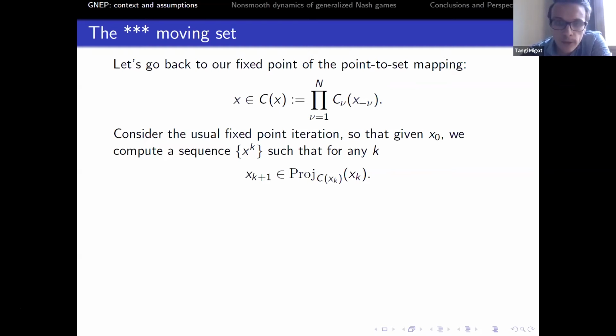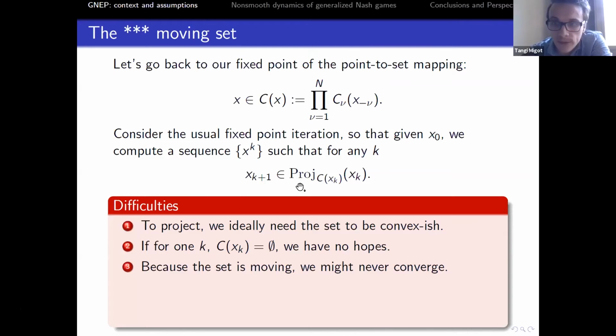If I'm doing something like this, we can have a couple of difficulties. First, we want to be able to project, so we need some convexity on C of xk. So that explains why we need convex values. Also, you can observe that if C of xk is empty at some point, then we are stuck. And of course, because the set is moving all the time, we might actually never converge.